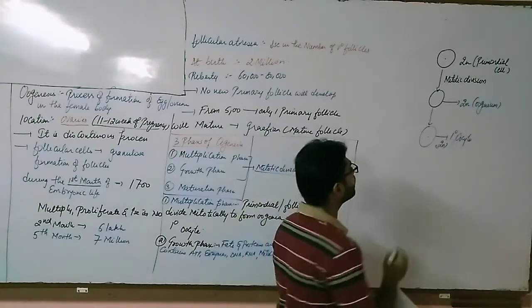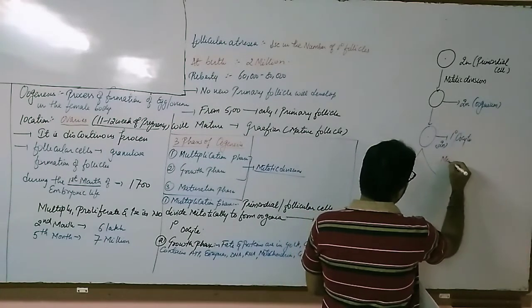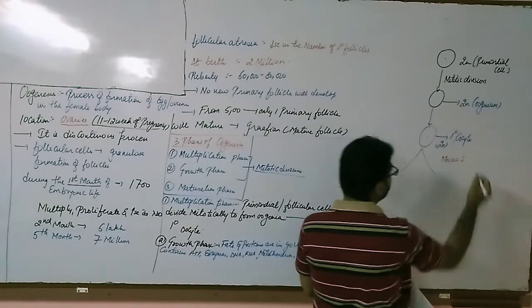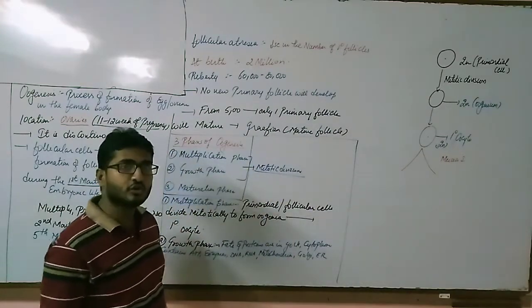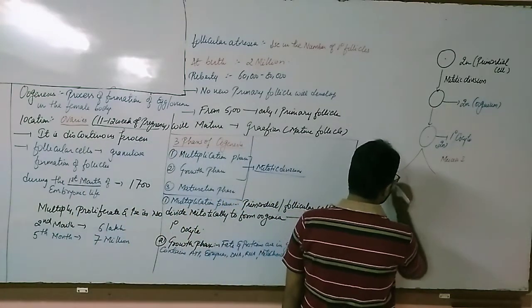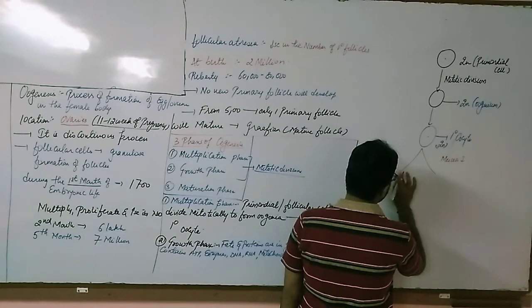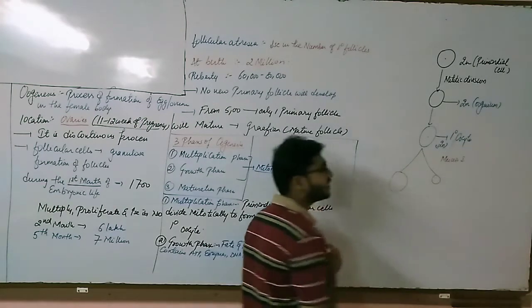So this primary oocyte will now enter into the first meiotic division, and because of the first meiotic division, two cells are formed. One cell is a bigger cell and one cell is a smaller cell.